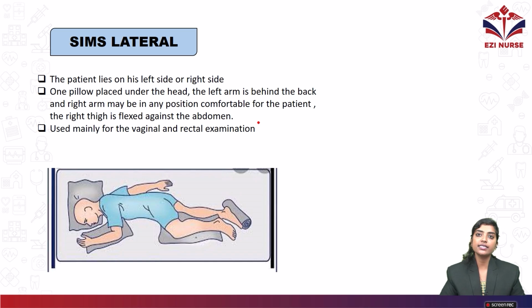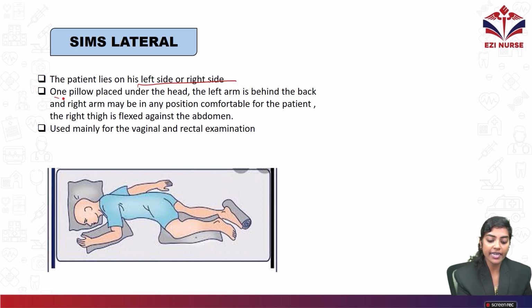Next position is Sims lateral position. In that, the patient lies on the left or right side. One pillow is placed under the head and the left arm is behind the back of the right arm, and it will be a comfortable position for the patient.